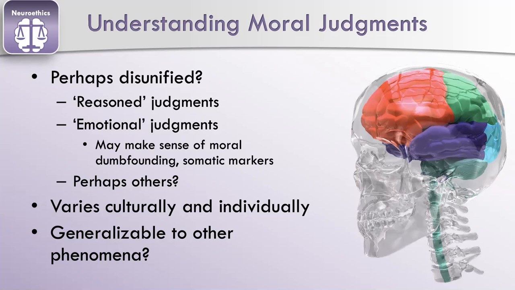So maybe one big lesson from all of this, and maybe one of the lessons from a lot of the study of cognitive science, is that these variations suggest that some of the things that we thought were unified or that we thought we understood, like memory, perception, concepts, morality, emotions, senses, etc., are not actually unified at all.